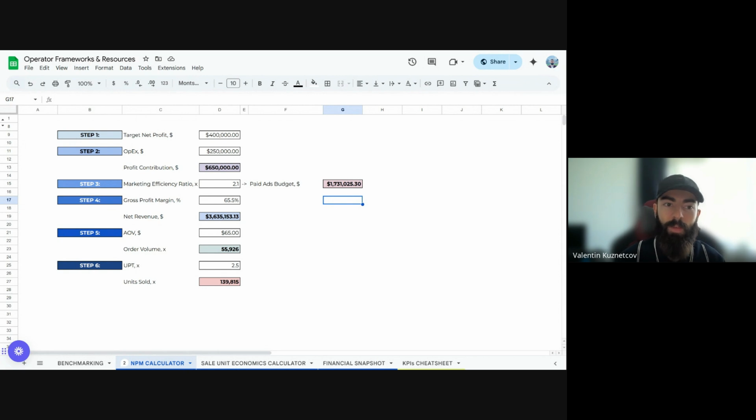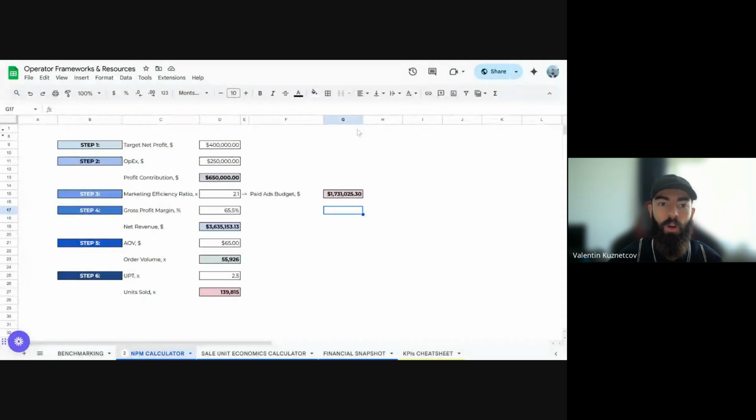Now, the next step is, what is our marketing efficiency ratio, right? You can call it blended ROAS, right? What is our blended ROAS currently? Let's say it's 2.1. It means that we would need to spend $1.7 million in paid ads at that marketing efficiency and gross profit margin of 65.5% to generate $650,000 in profit contribution.